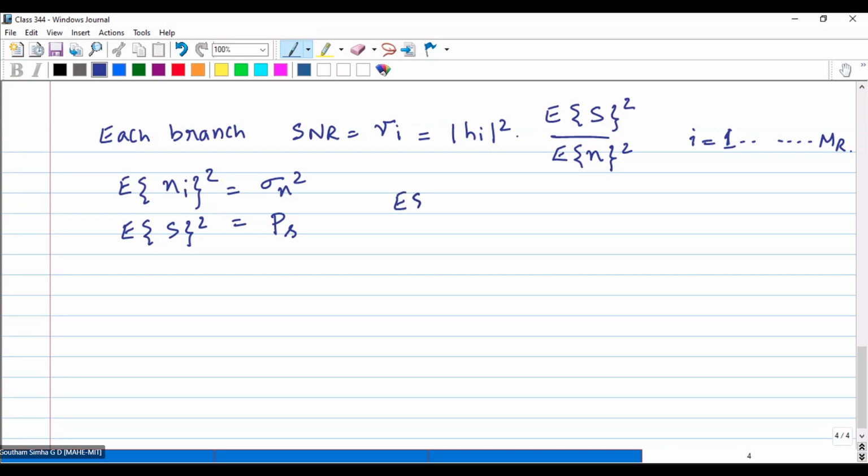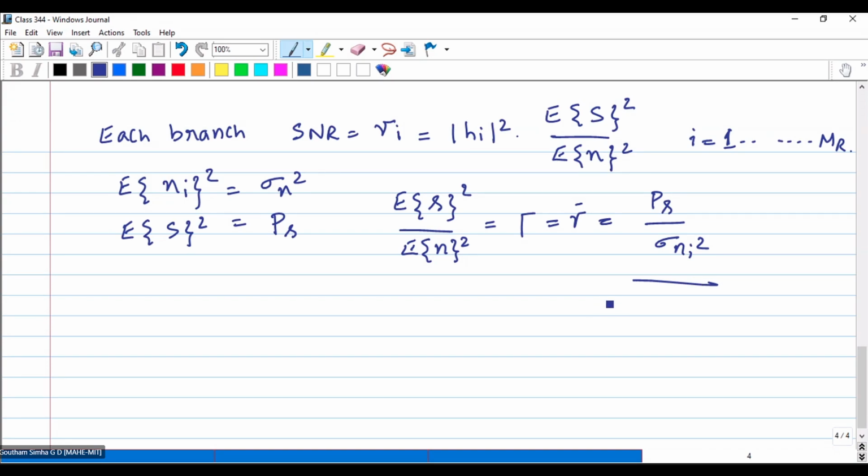Now expectation of s square divided by expectation of the additive white Gaussian noise is equal to what? It is always called gamma bar or capital gamma, that is equal to your P_S divided by sigma_n_i square, of the individual branch. What is happening here?